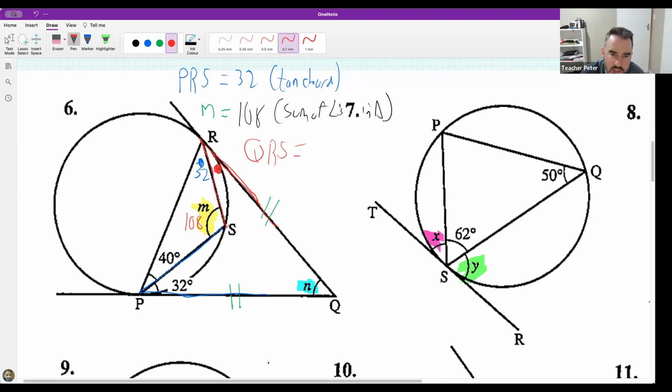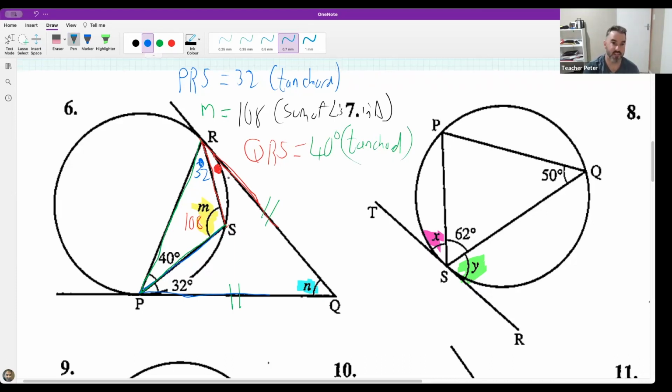What do we think that is going to be? Okay, I agree, Siamtanda. I think what you saw is that if I use that red chord, it is going to be equal to that. So this would be 40 by the tan chord theorem.